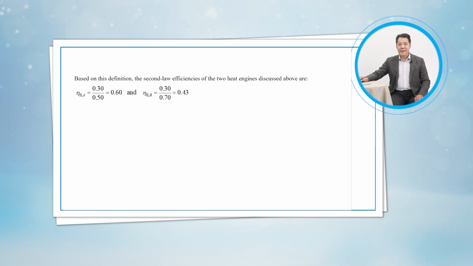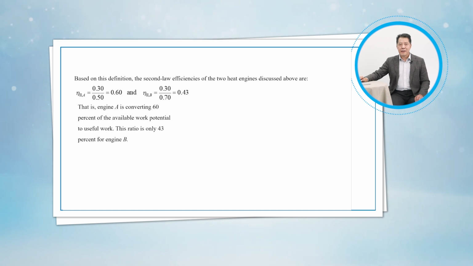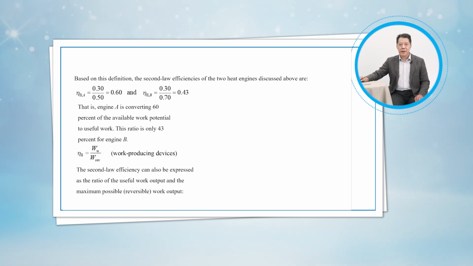Based on this definition, the second law efficiencies of the two heat engines discussed above are: that is, engine A is converting 60% of the available work potential to useful work. This ratio is only 43% for engine B.